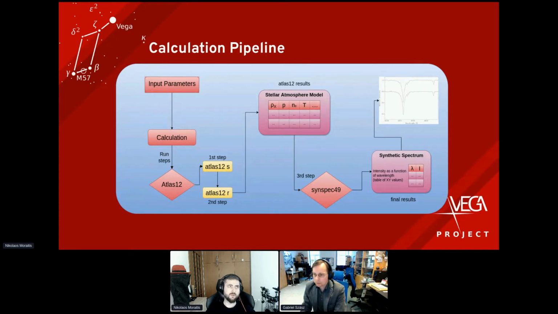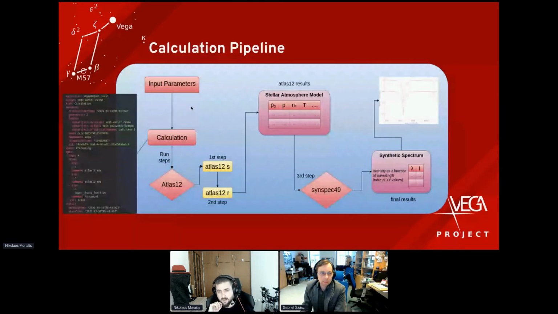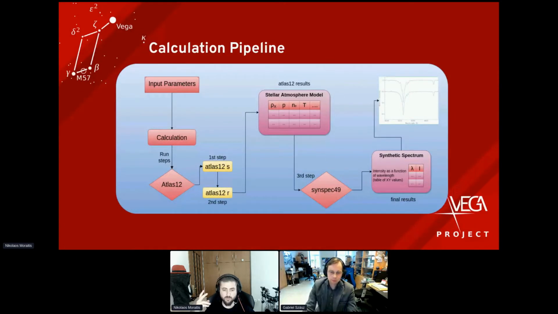First of all, I would like to point out that in order to calculate some of the parts of the results that we need, we basically use two main programs. The first one is ATLAS12, and the second one is SIGSPEC 49.